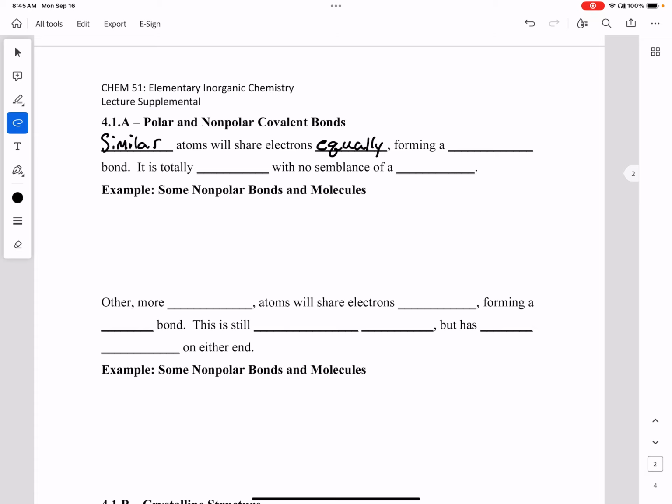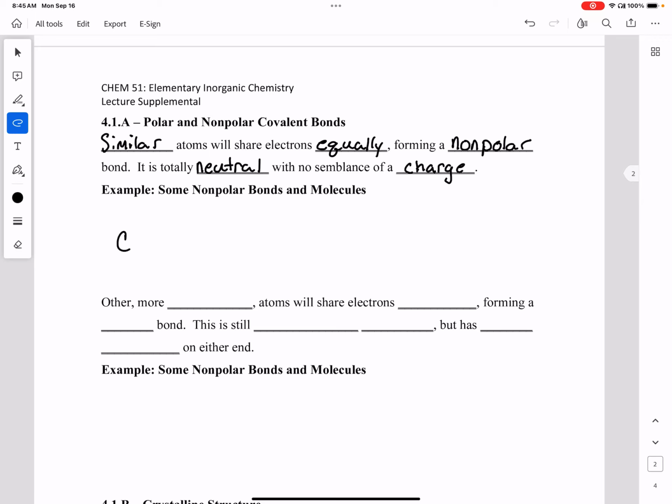And that forms what we call a nonpolar bond. Okay, it's totally neutral. No semblance of a charge whatsoever. Not full charges, not partial charges.